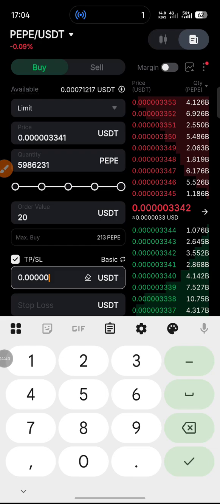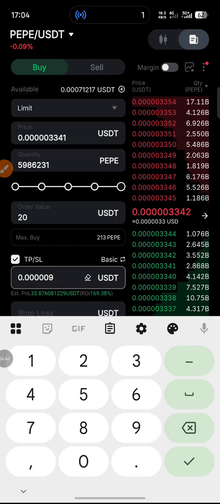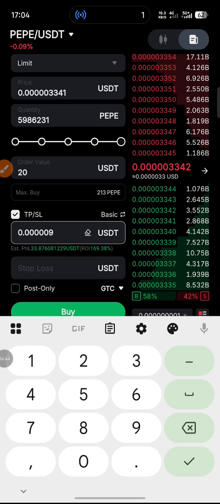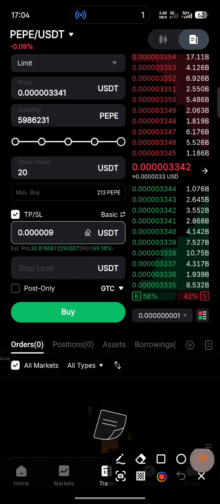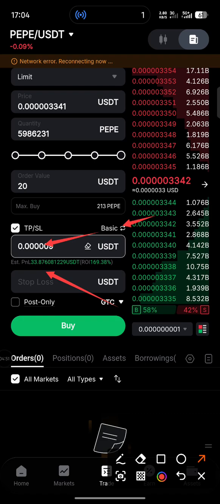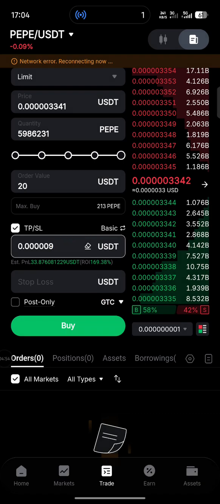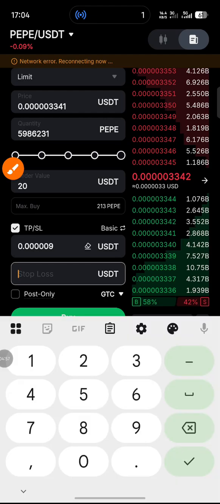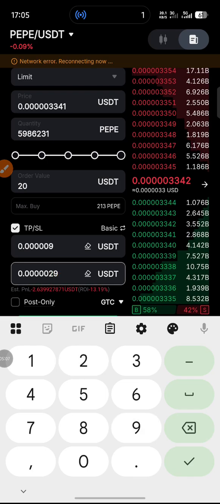Okay, 009. If I make it 009 here, the exact profit I'm going to make will be 33.8, roughly 34. And coming down, I want to set my stop loss to 0.0000, five zeros, then 0029, and I'm just going to lose 2%.